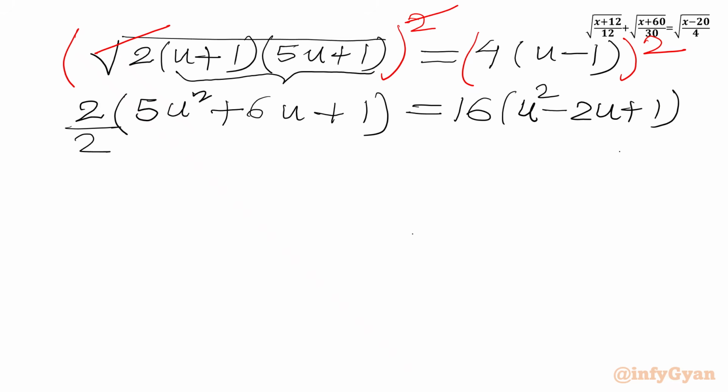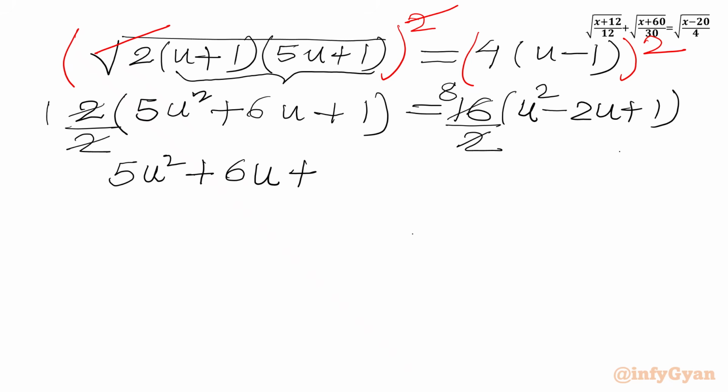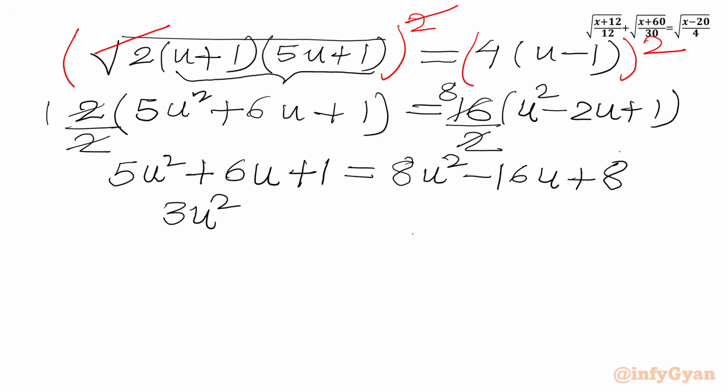We'll divide by 2 both sides. So 2 over 2 will become 1, 16 over 2 will become 8. So we can write 5u square plus 6u plus 1 equal to 8u square minus 16u plus 8. Now we take all the terms to the RHS. 8u square minus 5u square, 3u square, minus 16u minus 6u, minus 22u, 8 minus 1, 7, equal to 0.